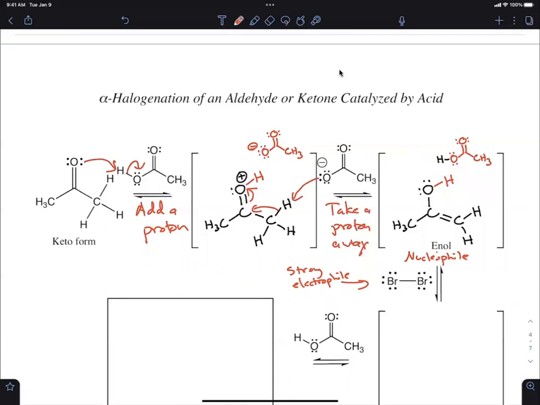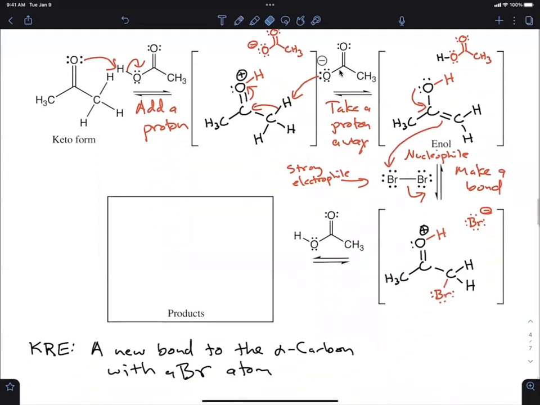So this is a really good electrophile. And it turns out that the lone pair on that oxygen actually assists in this process. And we're going to make a bond here to the bromine to generate that positively charged intermediate and the bromide anion.